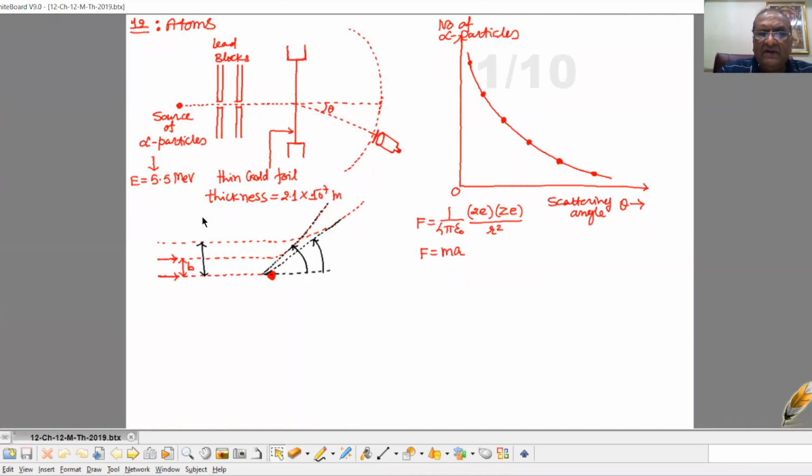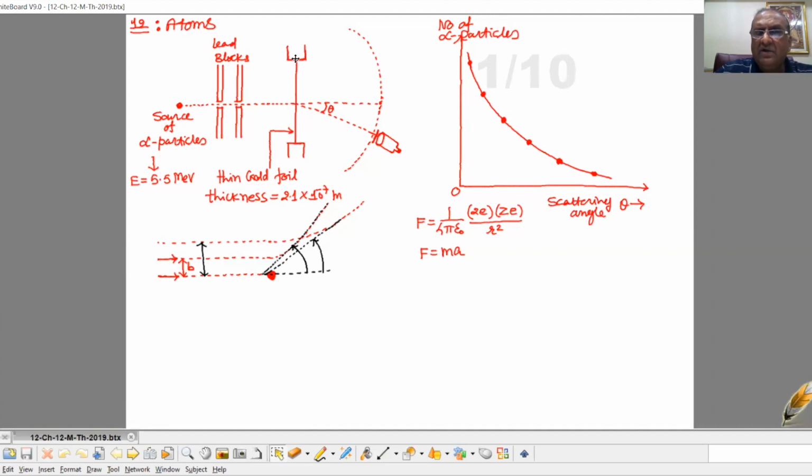These alpha particles have energy equal to 5.5 MeV, and by passing them through lead blocks or bricks, the beam of emitted alpha particles was collimated and then incident on a thin gold foil.